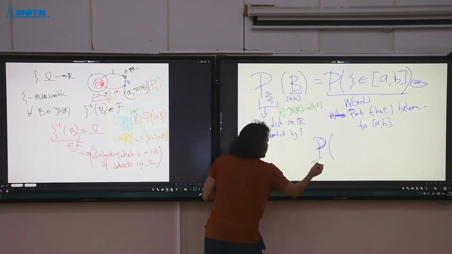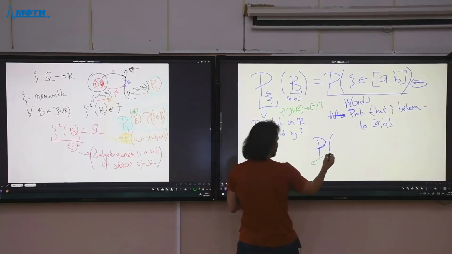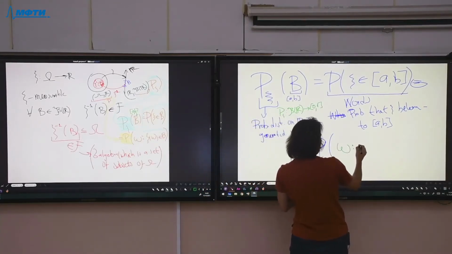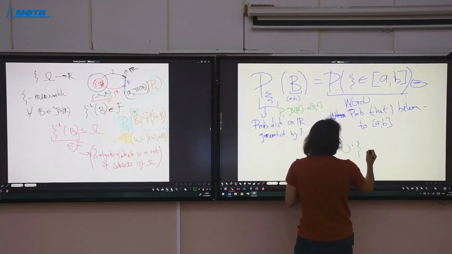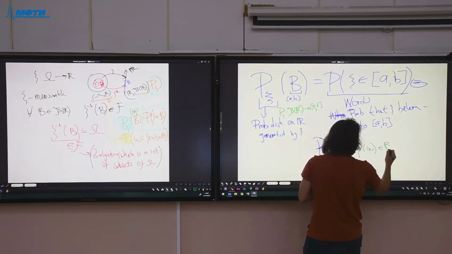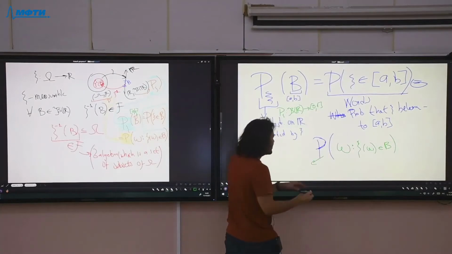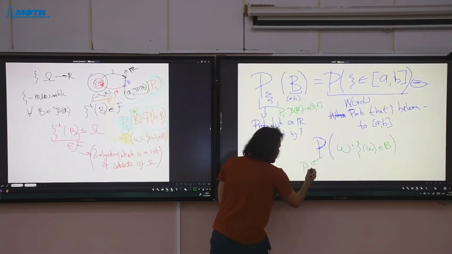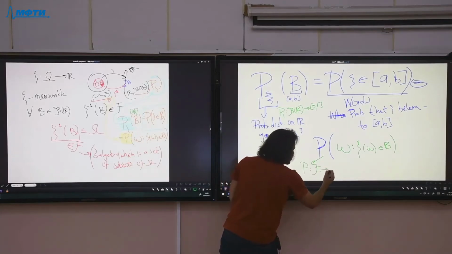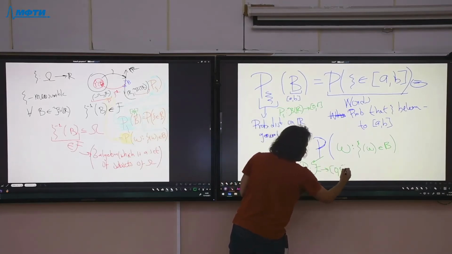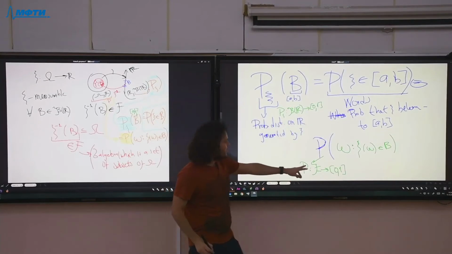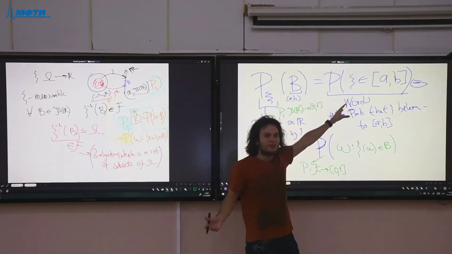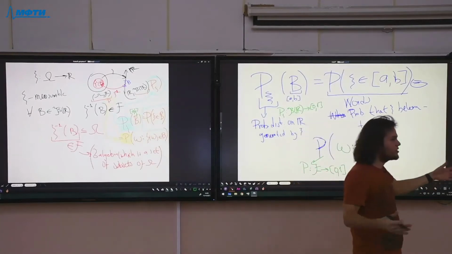And here we will write the probability of such omega that psi of omega belongs to B. This is the probability measure, a function from F to 0 and 1, right? This is also a function. This is just like asking ourselves, what is the probability of that?